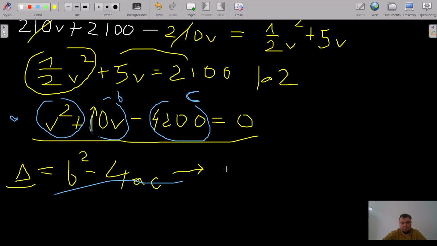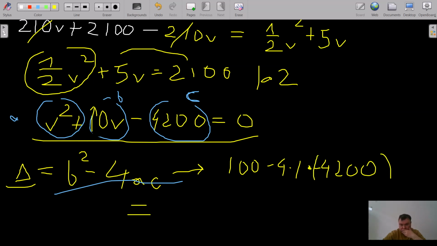So for the discriminant it will be 100 minus 4 times 1 times 4200. So the discriminant is equal to, pay attention because it's negative 4200.